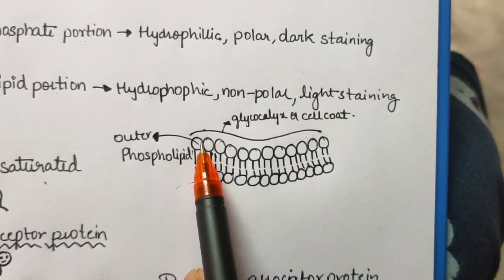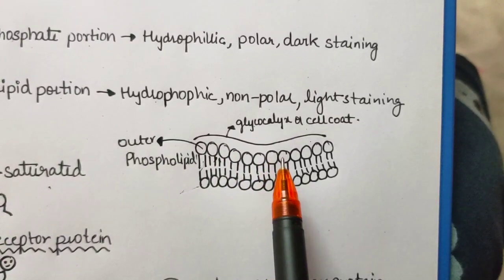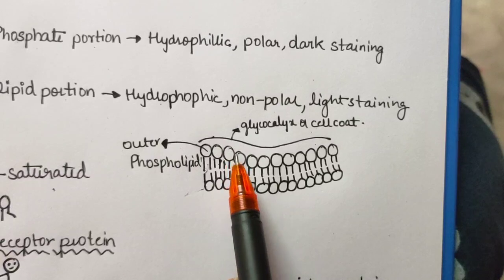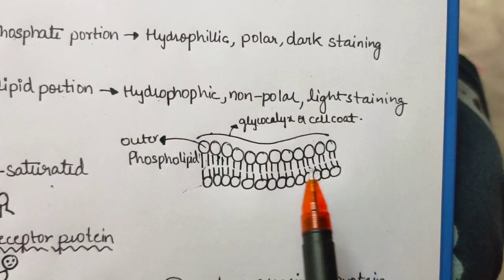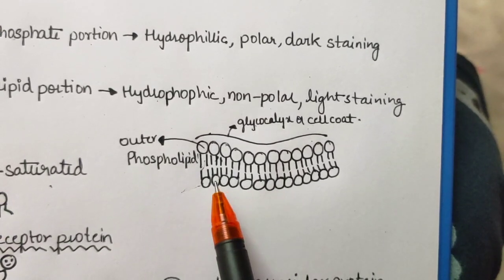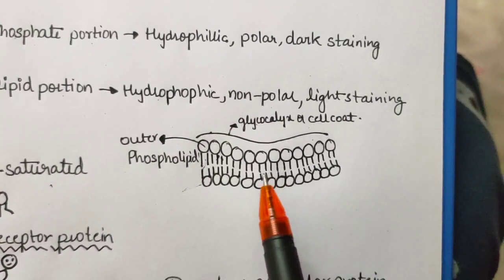And now this upper part is made up of phosphatidylcholine and sphingomyelin, where myelin consists of a major compound known as galactocerebroside. Next, the lower part is made up of phosphatidylethanolamine and phosphatidylserine.